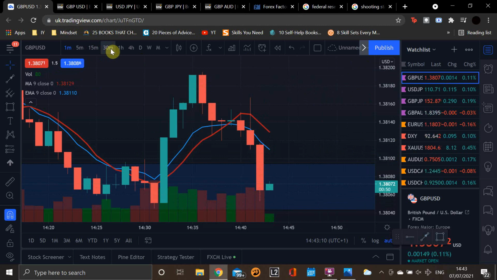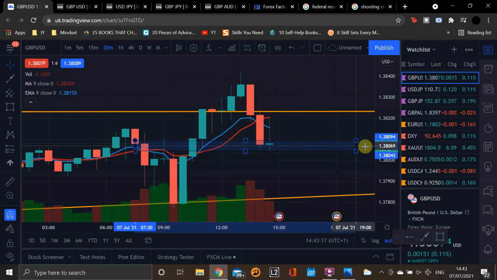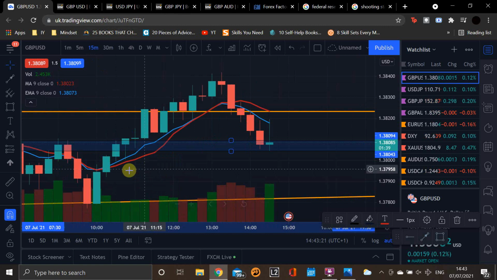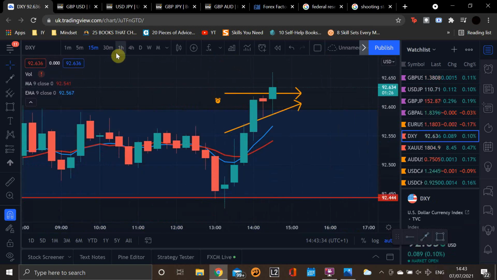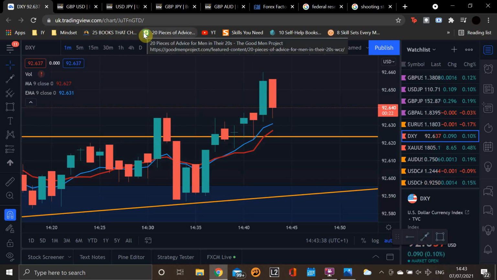Okay, so you see with GBP USD, it clearly broke out and it's reacting off this level. Look, it's reacting off this level. On the 15-minute chart, touch, go down, broke out, touch this level, broke out, touch this level. The reason it's like this is because the DXY is doing well. So there's an ascending triangle and it's broken out of that ascending triangle.